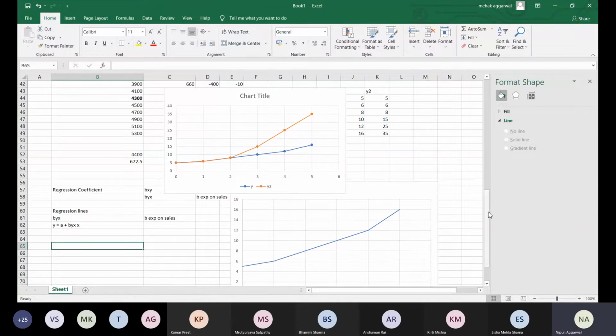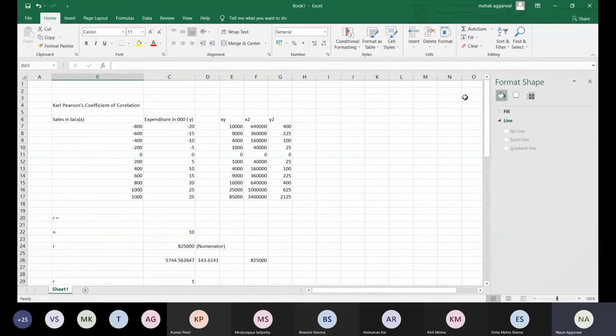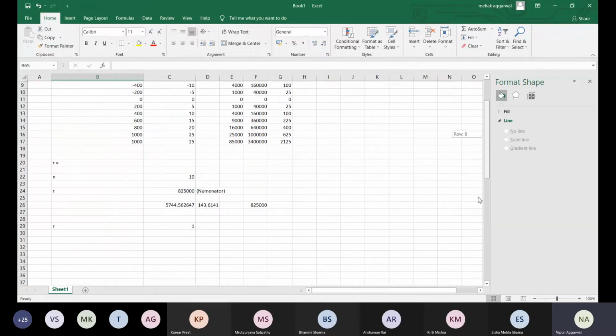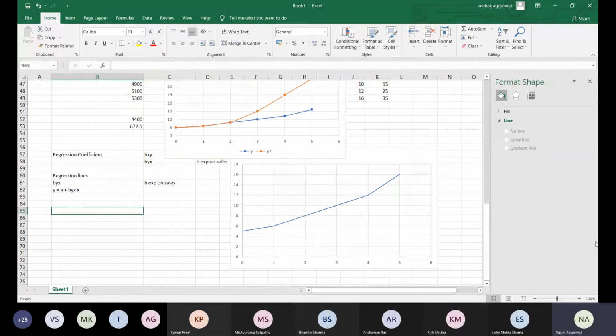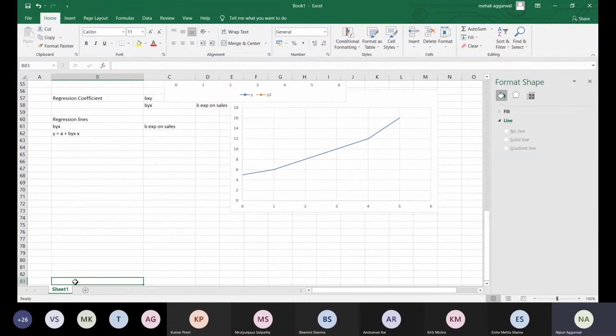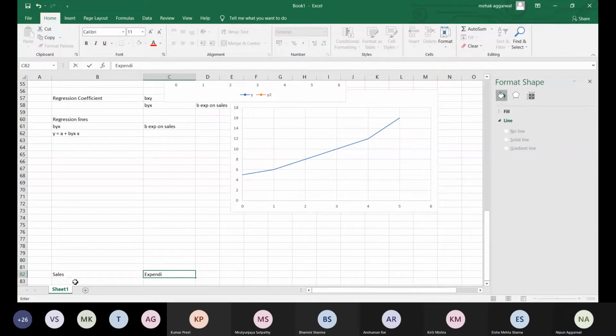Fine. So let's take the same example as in correlation, then we can calculate the regression coefficients. I have overwritten that data, so let's take the data again. Suppose sales and expenditure, we again have two variables.